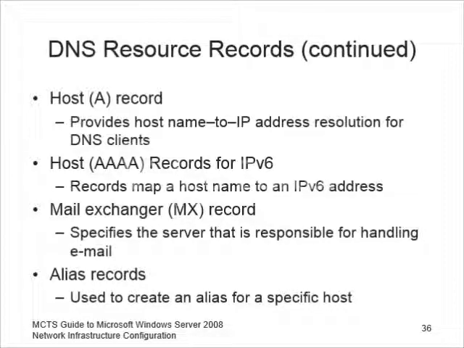Processing the mail means either delivering it to an address or passing it to a different type of mail transport. Forwarding the mail means sending it to its final destination server, sending it by using the Simple Mail Transfer Protocol to another mail exchange server that is closer to the final destination.